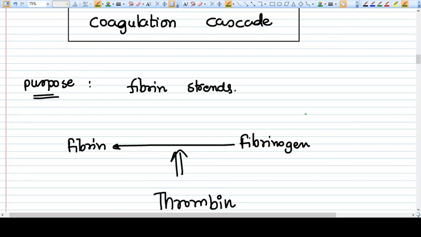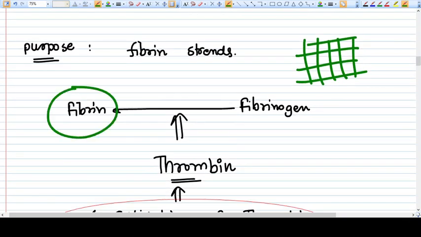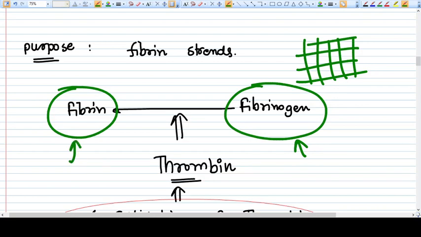What is the purpose of the coagulation cascade? Fibrin strands. Let's understand this very basic thing. We want to make fibrin strands to make a mesh-like structure. So fibrin is made from fibrinogen. When the fibrinogen is activated, it becomes fibrin.